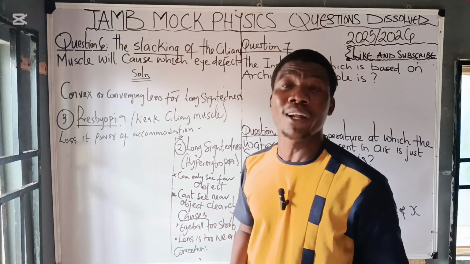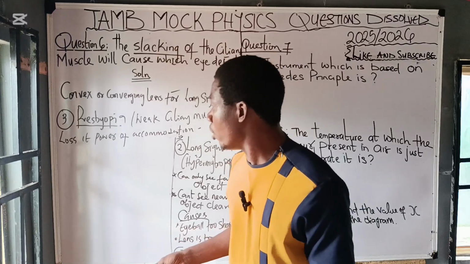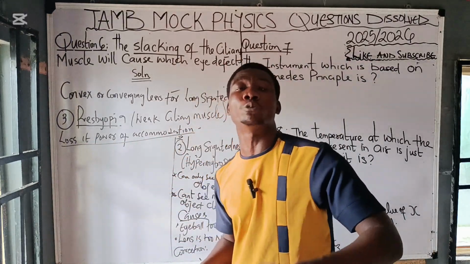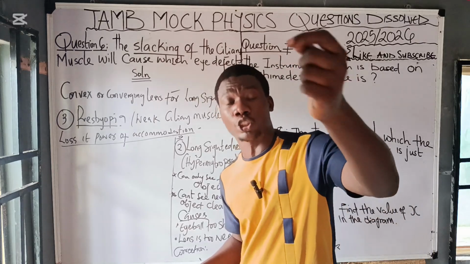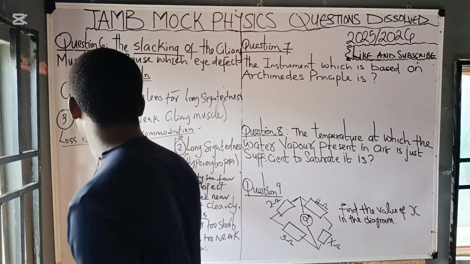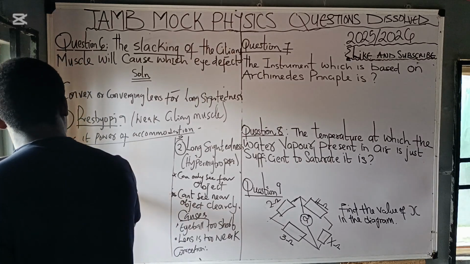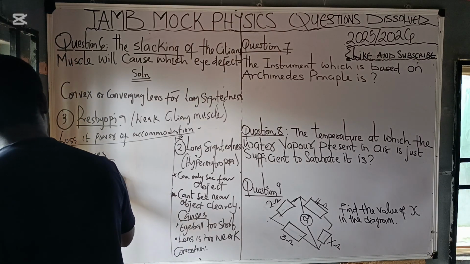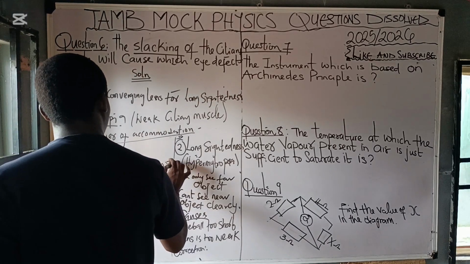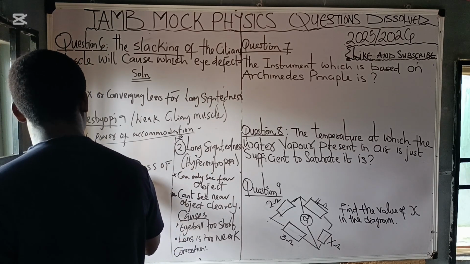And when that happens, the eye will lose its power of what? Accommodation. It can no longer focus both near and far objects clearly. So what's the causes? I've told you the causes here is slacking or weakness of the ciliary muscle.